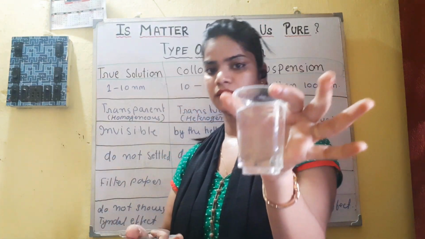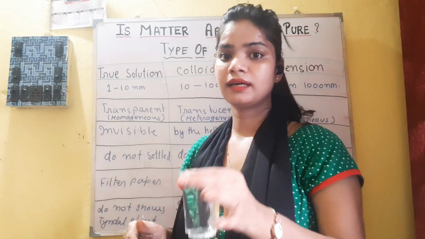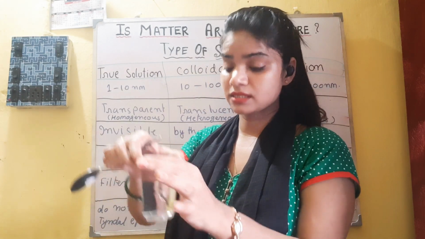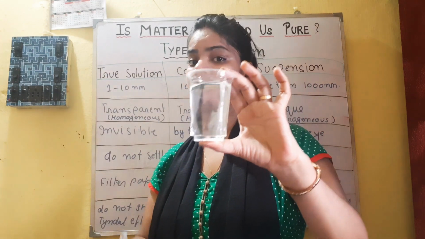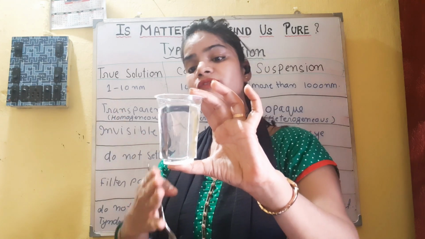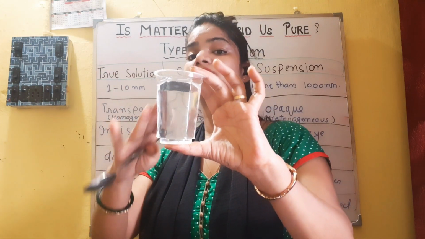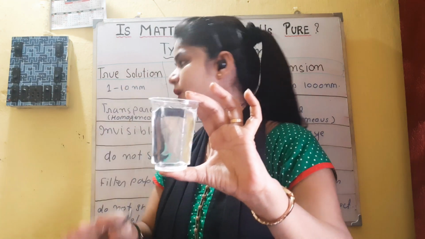See, I have already shown you that it's transparent, and yesterday we discussed that it's a homogeneous mixture because it gets completely, uniformly dissolved, so that we cannot see the particles of salt and water separately.